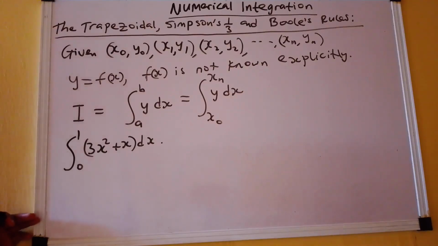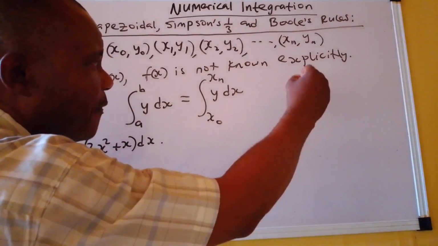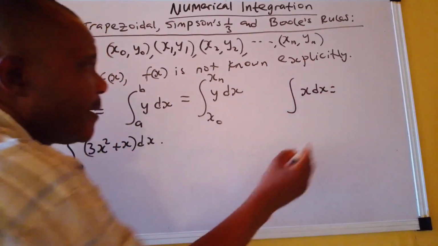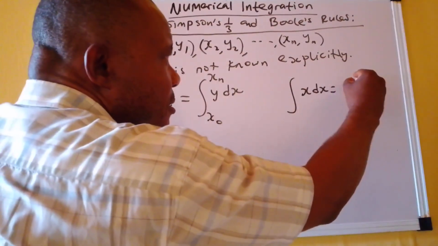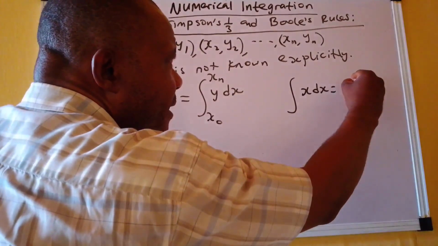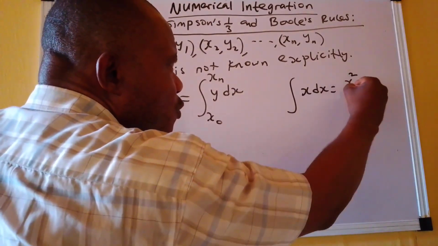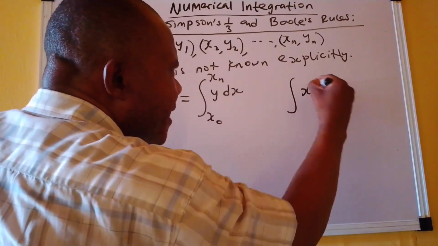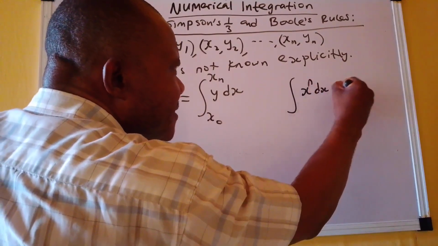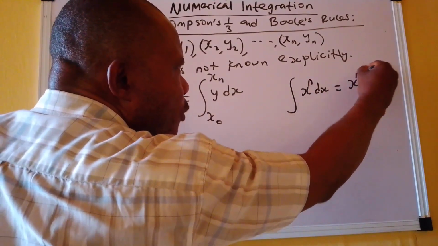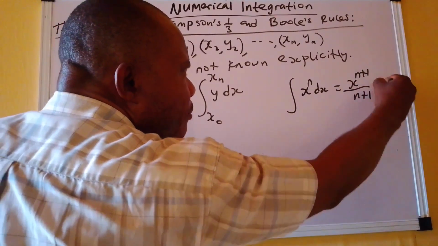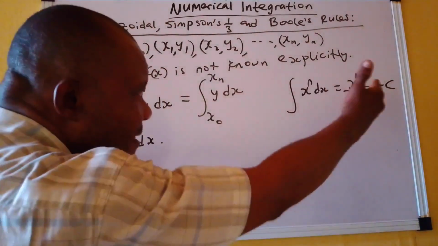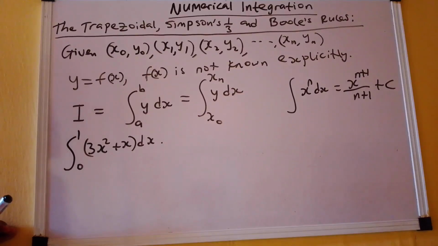The conventional method states that if I have the integral of x raised to power n dx, it is simply x raised to power n plus 1 all over n plus 1 plus c. C there is the integration constant. So this is the general conventional method for carrying out integration.